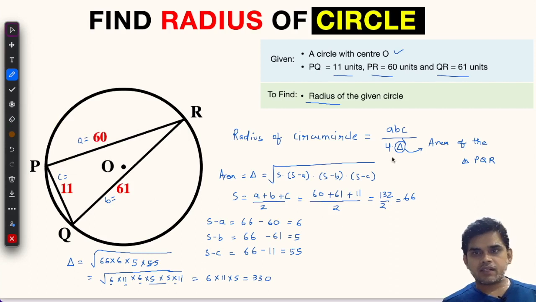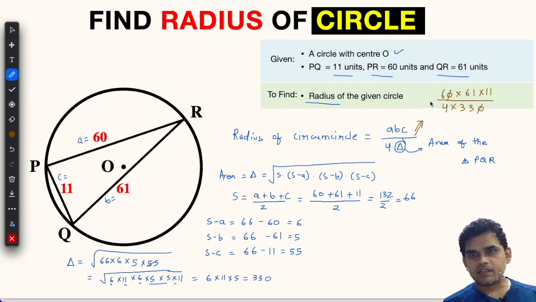Now the next task is to simply substitute the values here and get the value of the radius of this circumcircle. So A is 60, times B is 61 and C is 11, divided by 4 times the area, that is 330. So this 0 gets cancelled.